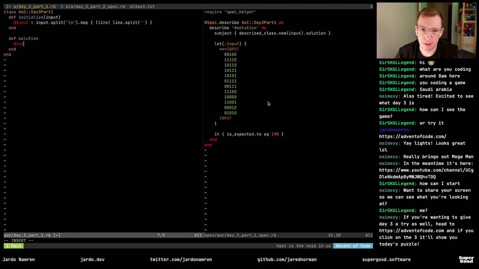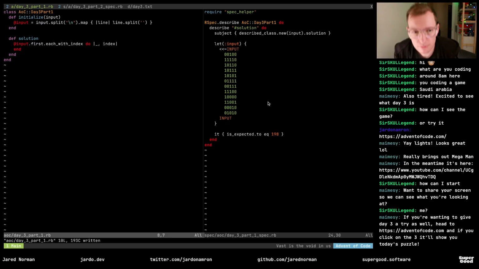Alright, and then input.first.each do each with index do. I guess we don't even care about the actual thing though. We only care about the index. So that'll loop over each digit and give me the length there.